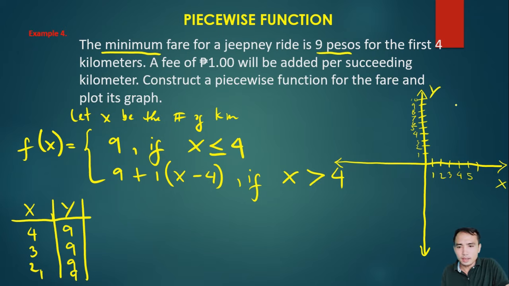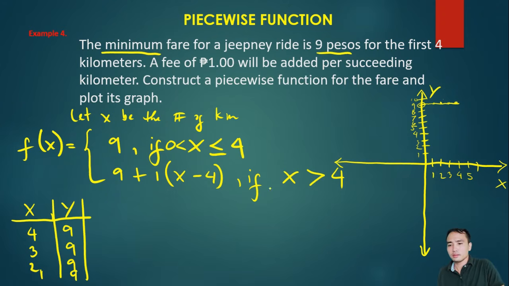Ito siya. 3, 9. Okay, dito pa rin. 3, 9, 2, 9, 1, 9. And then, open circle dito. Okay, ibig sabihin, yung 0, 9 is hindi kasali sa ating solution. Okay? Okay, next.